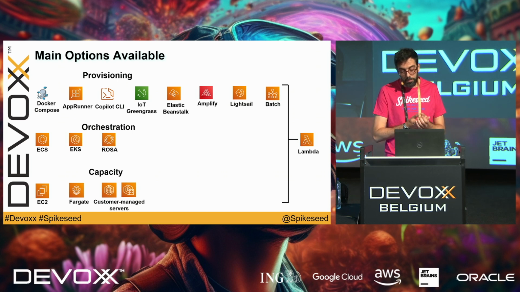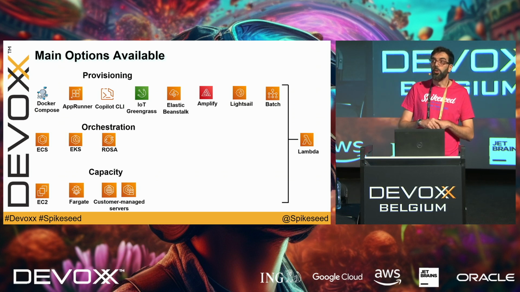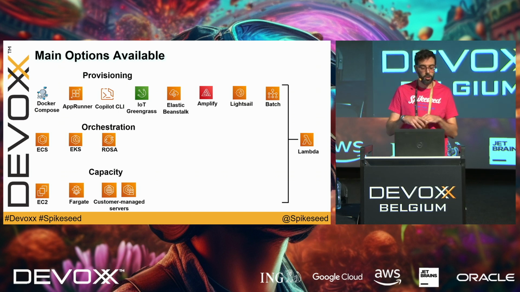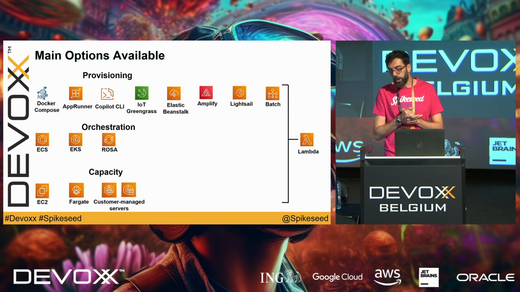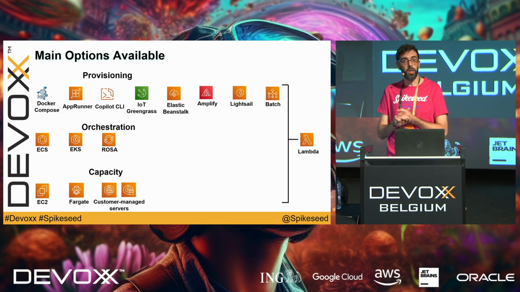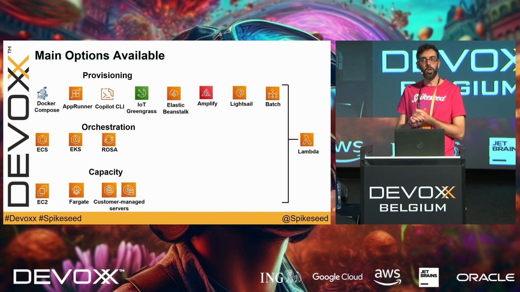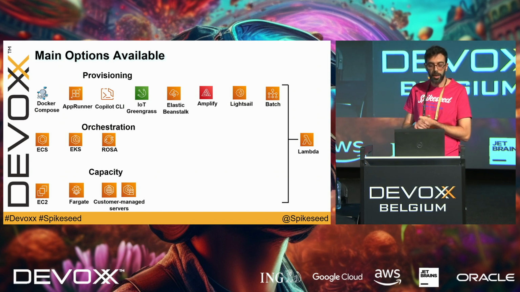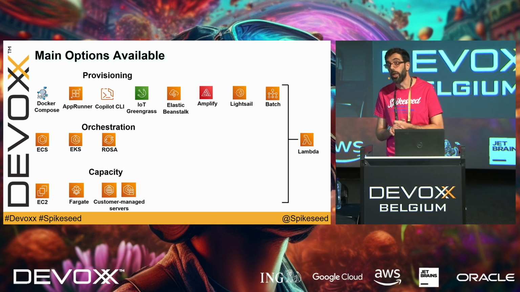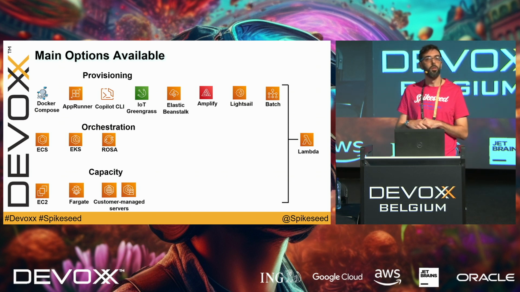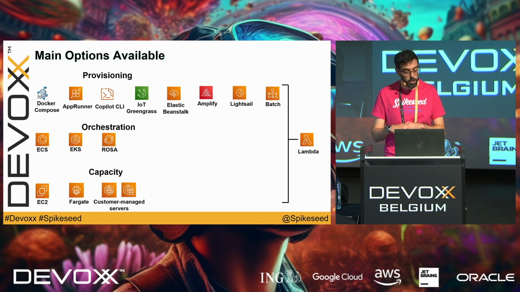So this slide summarizes all the options out there. Of course, you don't need to know them all or commit them all to memory, but just to give you an idea. For provisioning, we have some of the usual suspects like Docker Compose, which has nothing to do with AWS, but that still works. It's a way to provision containers. App Runner, Copilot CLI, IoT Greengrass, Amplify, Lightsail, and Batch, which, like the name says, allows you to run batch jobs in AWS and can also use your container images.